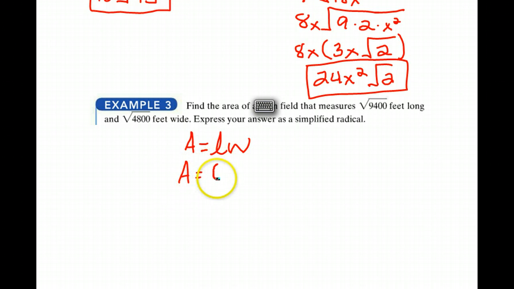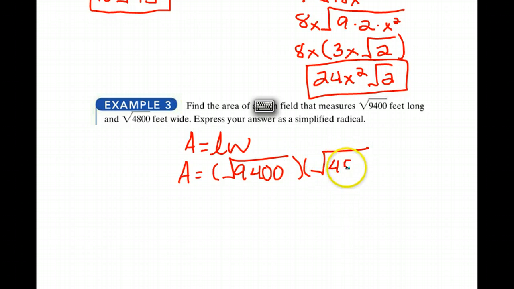Express your answer, or they're asking us to find the area, my apologies, and they want us to express the answer as a simplified radical. So keep in mind that when we're finding the area, we're going to use the formula length times width. So we'll start by using square root 9,400 times square root 4,800.